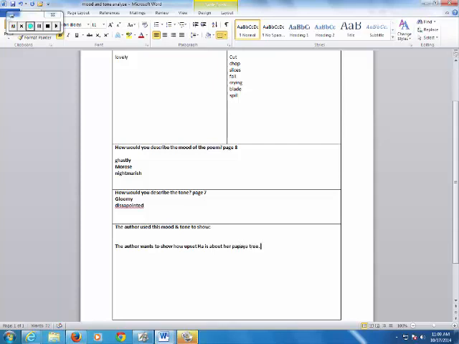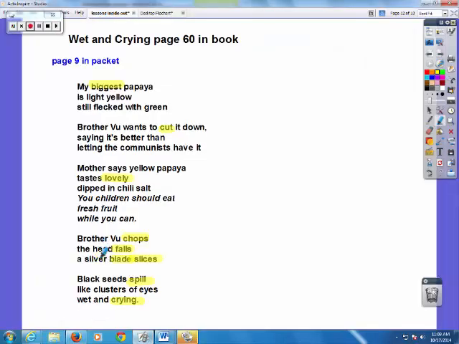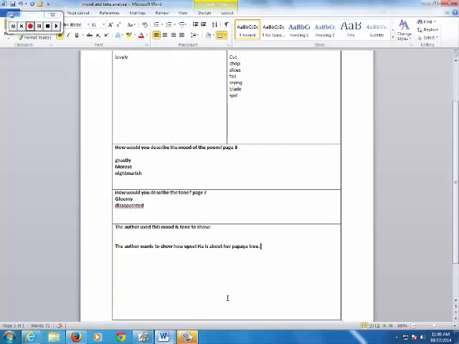She almost thought of the papaya tree as a person, because it says the head falls, clusters of eyes. So she's almost like a part of her has died. And the author wanted to show how important that was to her.